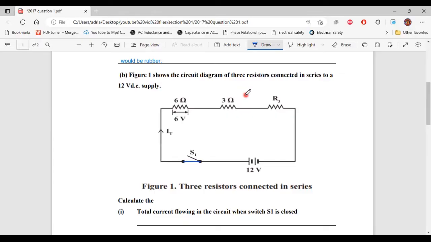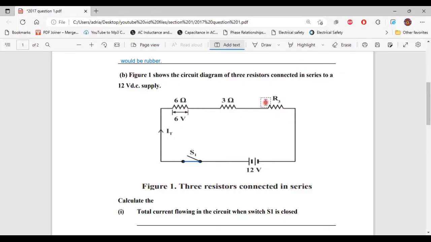Looking at the circuit, we realize that R3 wasn't given. So it means that we cannot add up all the resistors together to get the total resistance and use that to calculate the total current.